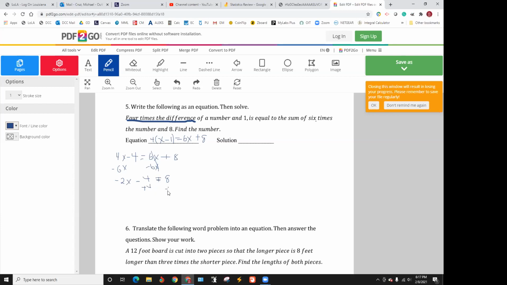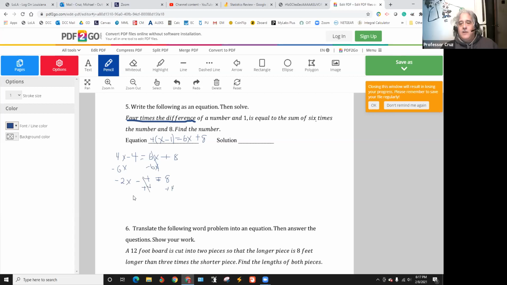I got -6. Now, yeah, you're right, because of that -2. Because it's 2x equal to 12 or -2x. And then when we divide by the -2, x is equal to -6. All right, any questions about that one?